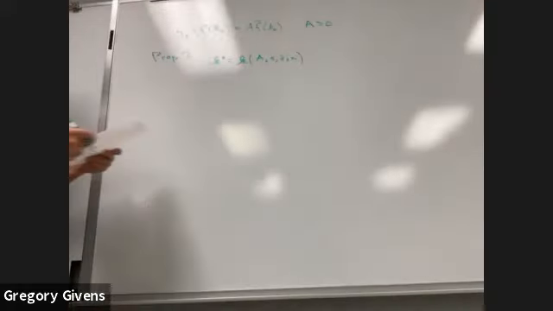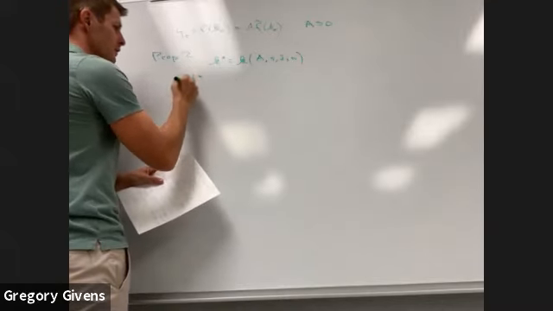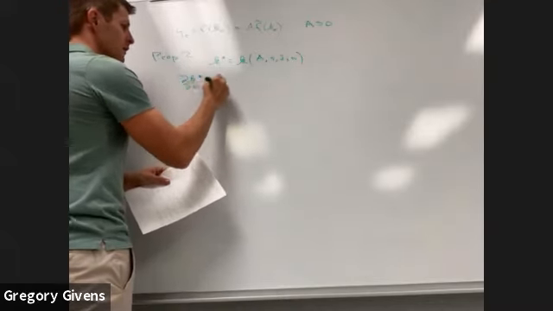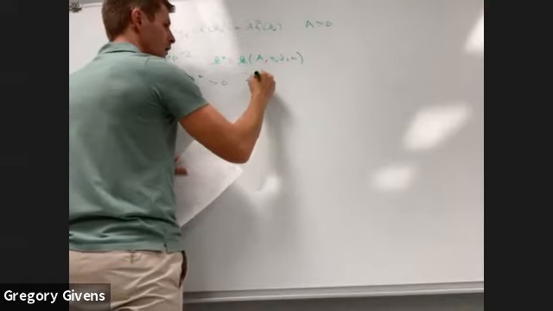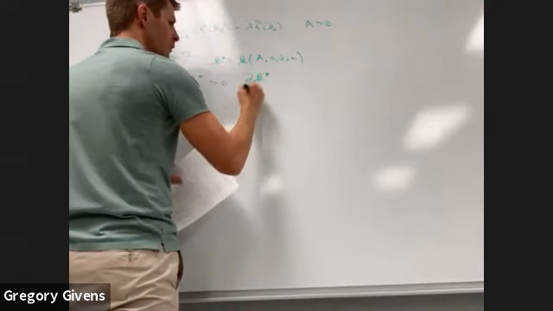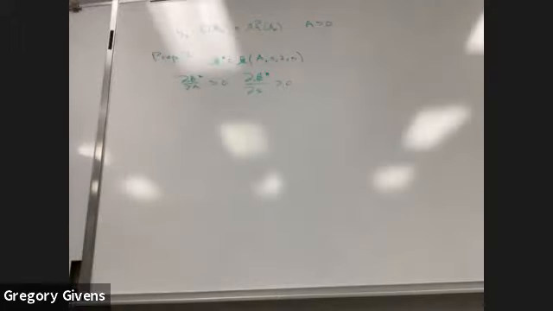If that is true, then what proposition 2 says is that the partial of K with respect to A is positive. Higher technology leads to a higher steady state level of capital. The partial of K with respect to S is also positive. If we increase the savings rate, we'll increase steady state capital.